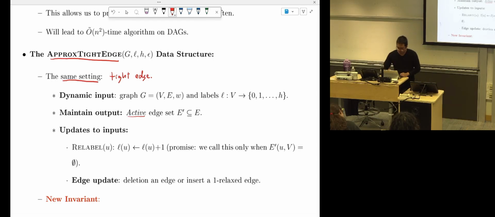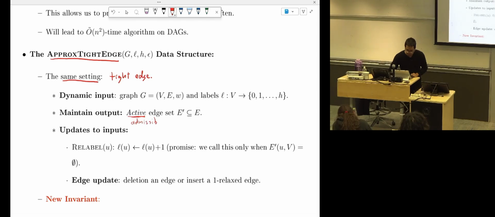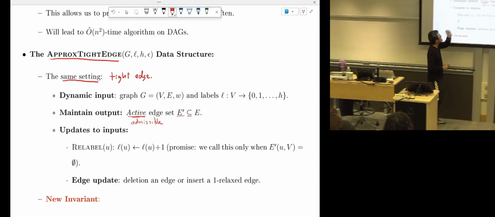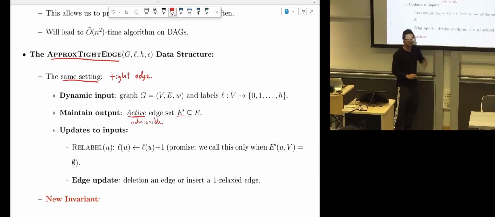We maintain this active set, which in the literature is called the admissible set E prime. And the update is the same. You could relabel, increasing the level.